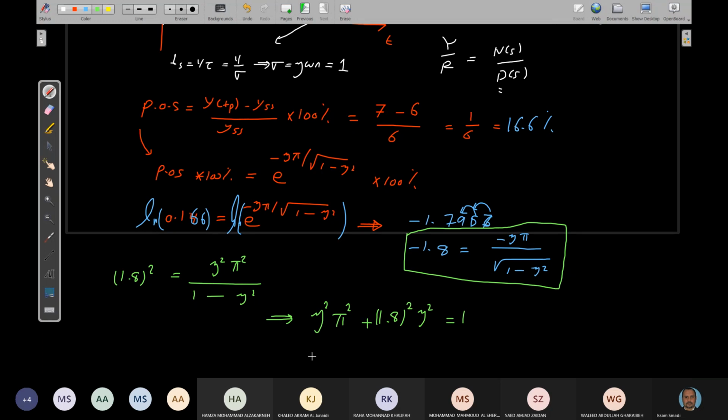So simply zeta will equal 1 over the square root of pi square plus 1.8 square.